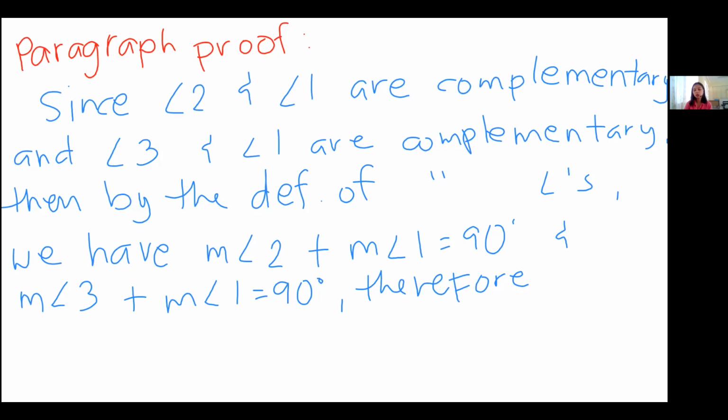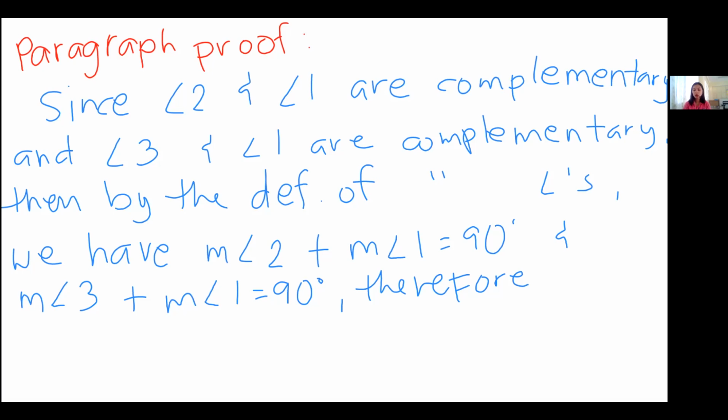Thus, measurement of angle 2 plus measurement of angle 1 is equal to measurement of angle 3 plus measurement of angle 1 by the substitution. 'Di ba? And then this implies that the measurement of angle 2 is equal to the measurement of angle 3 by the subtraction property. So therefore, by the definition of congruent angles, we can say that angle 2 is congruent to angle 3.